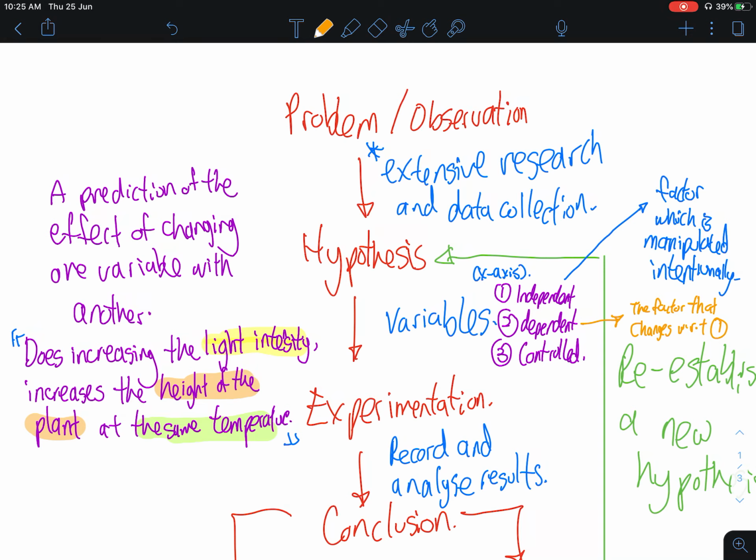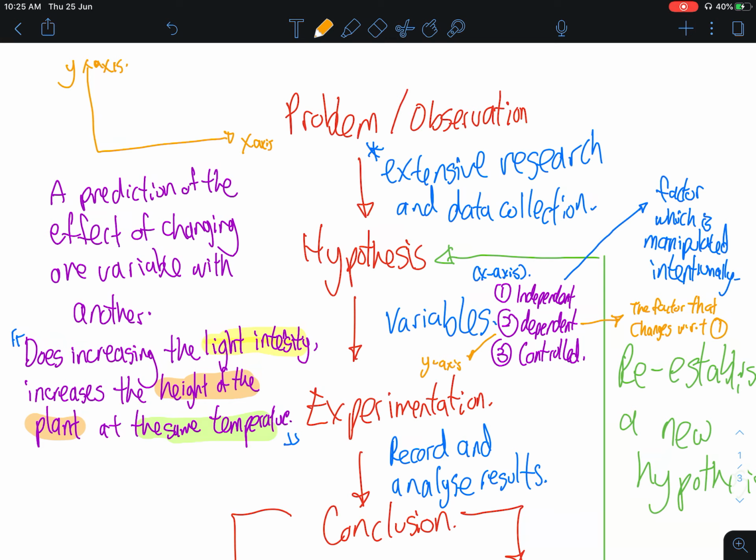So whenever an independent variable which you change, it will slowly influence the dependent variable on how it actually acts. And this is usually plotted as the y-axis of the graph. Okay, so for a graph, it is like this, where this is the x-axis and the y is a vertical line. Okay. So this is how it is.